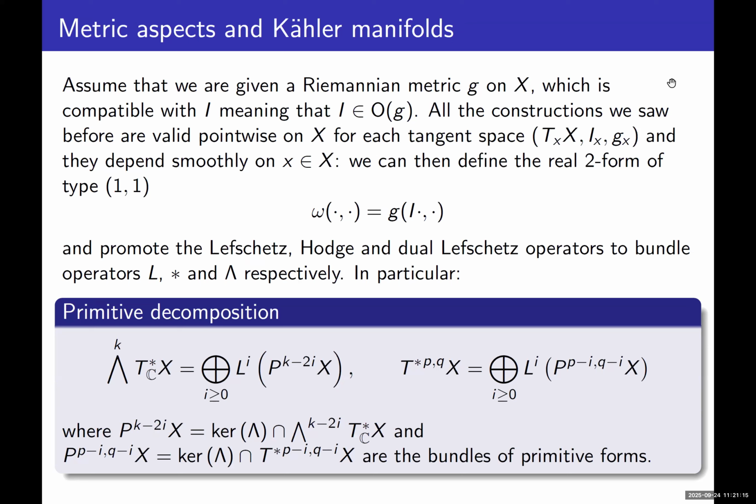And so we get, in particular, a primitive decomposition at the level of bundles. So the bundle of k-forms splits into the sum of L^i applied to the bundles of primitive forms, and a similar decomposition holds when we are looking at the bi-degree decomposition, so forms of type (p,q).